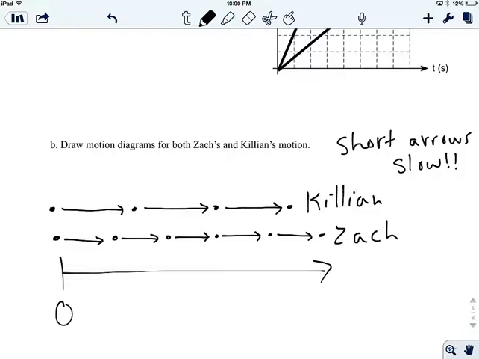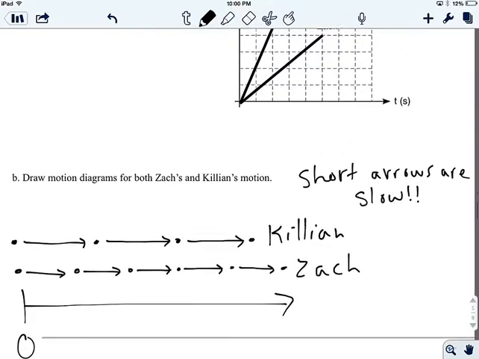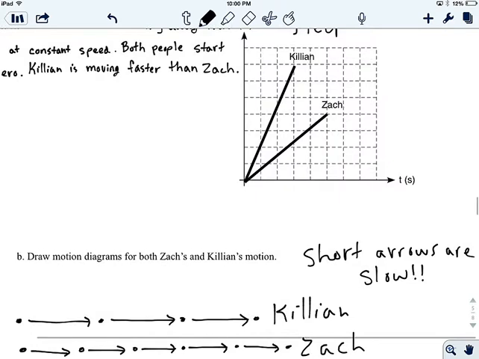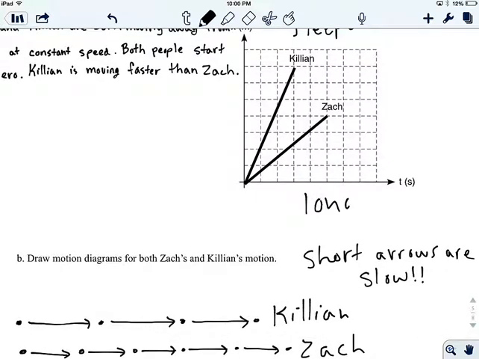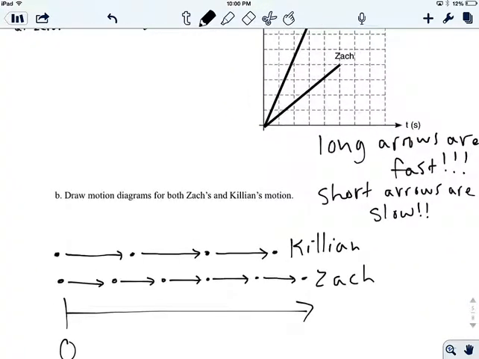There's Killian. All right, so we said short arrows are slow. Well, that must mean that long arrows are fast. Sorry for the bad handwriting there. Long arrows are fast. Short arrows are slow. Killian's arrows are long. Zach's arrows are short.